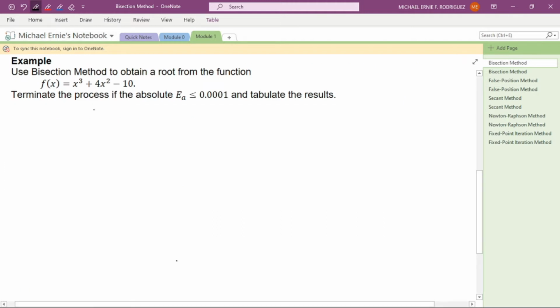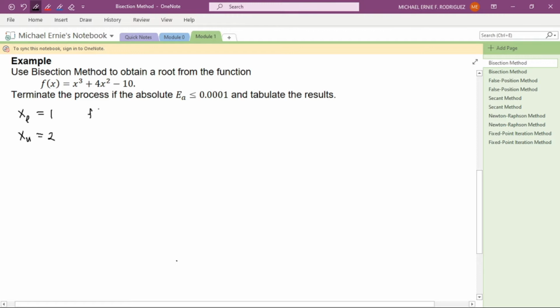Example, use bisection method to obtain a root from the function f of x is equal to x cubed plus 4x squared minus 10. Then terminate the process if the absolute approximate error is less than or equal to 0.0001 and tabulate the results. For this solution, we assume that x sub l is 1 and x sub u is 2.